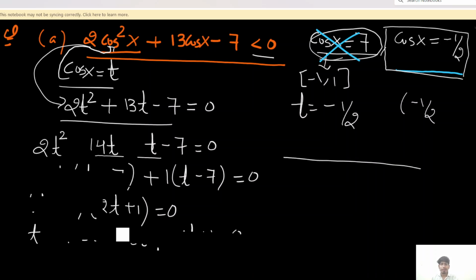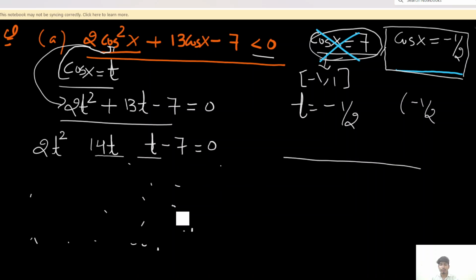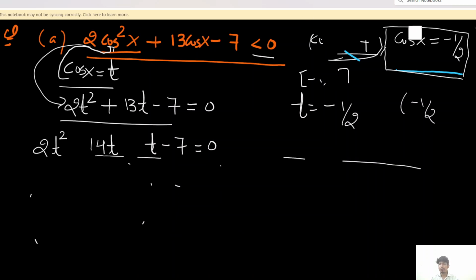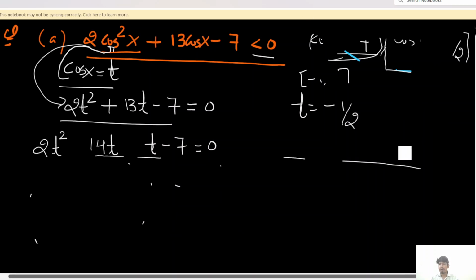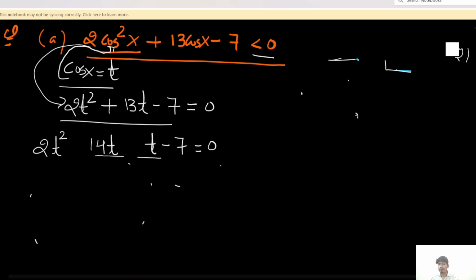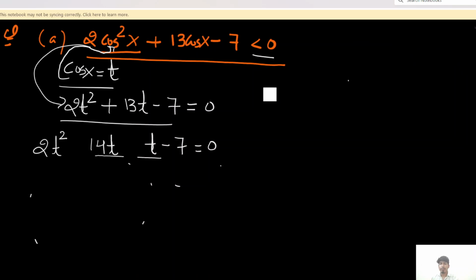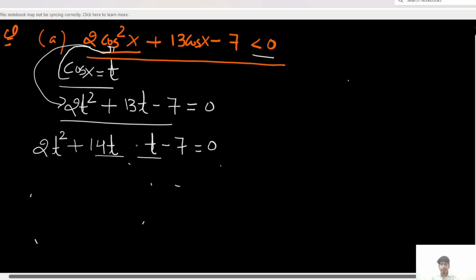This becomes plus 14t and minus t. Then we solve our equation. One minute, I erase this. What we get? Here is plus and here is minus.